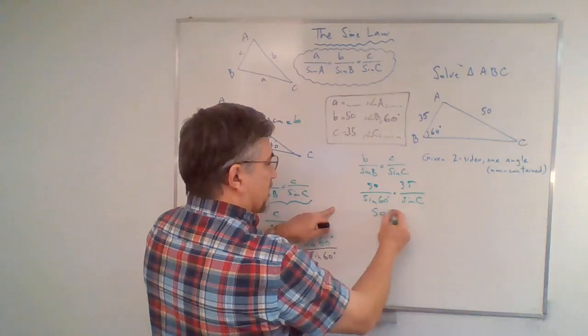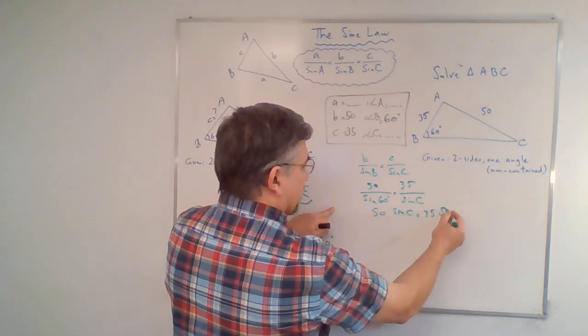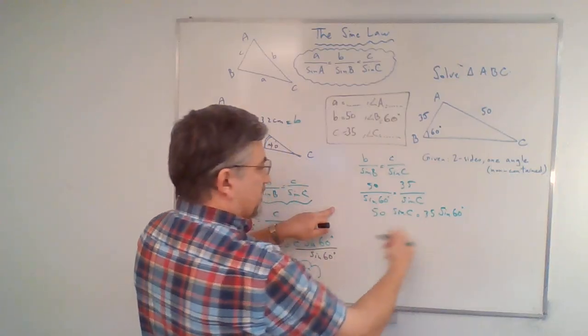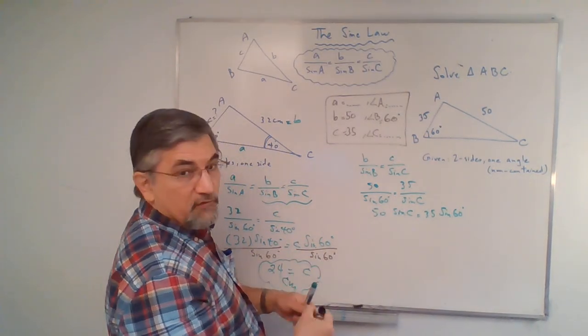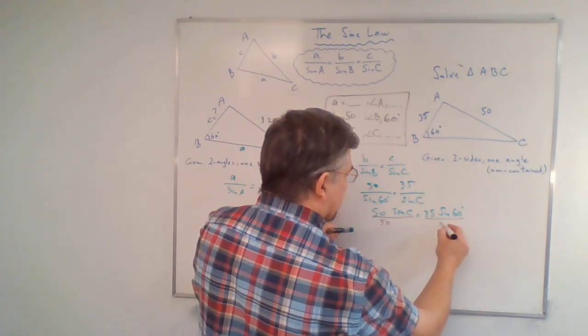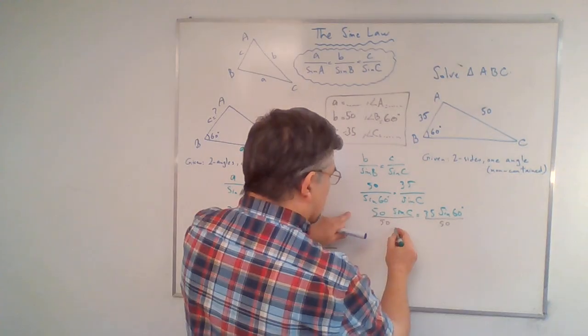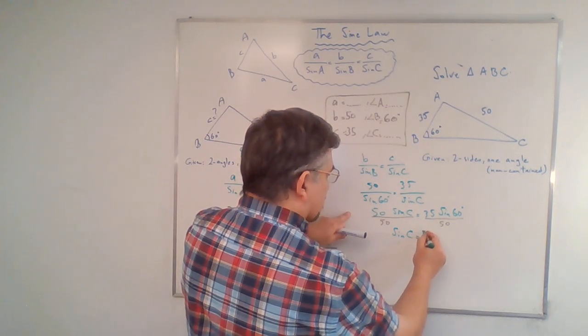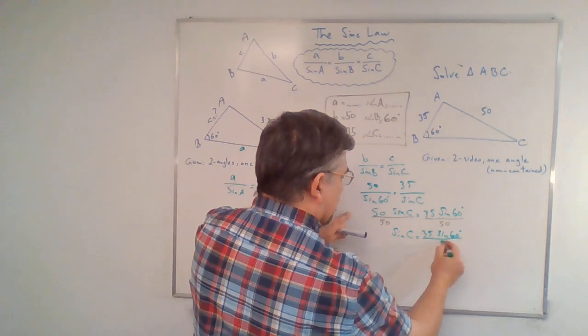So cross multiplication again. 35 sine of 60. And then we have to divide both sides by 50, right? To solve for sine of angle C. So divide left side and right side by 50. Okay. So we get sine of angle C equals 35 sine of 60 over 50.